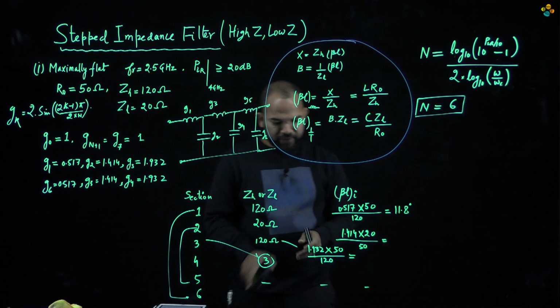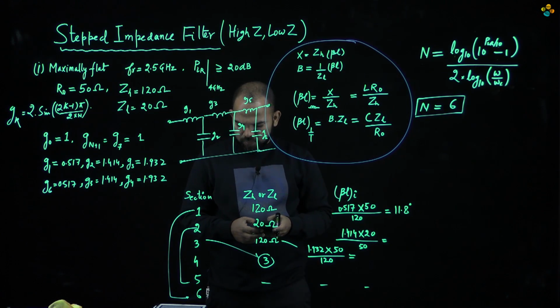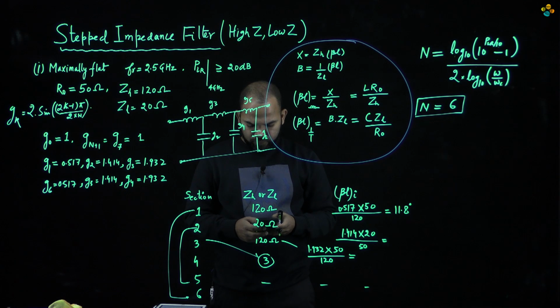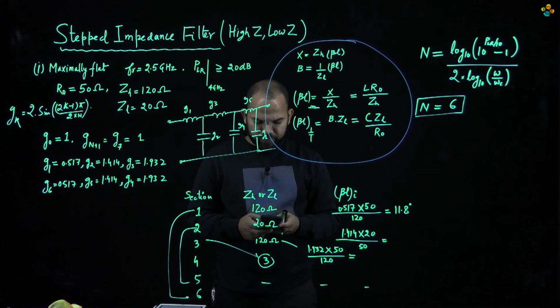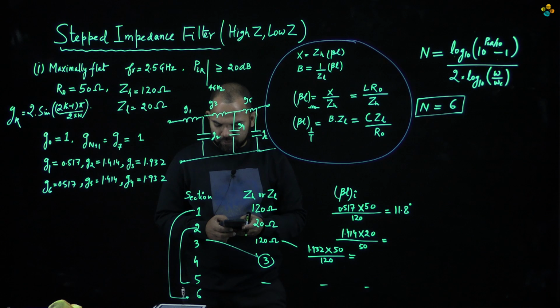Okay, now the second thing is 1.414 multiplied by 20 divided by 50, times 57.32. This comes out to be 32.4.